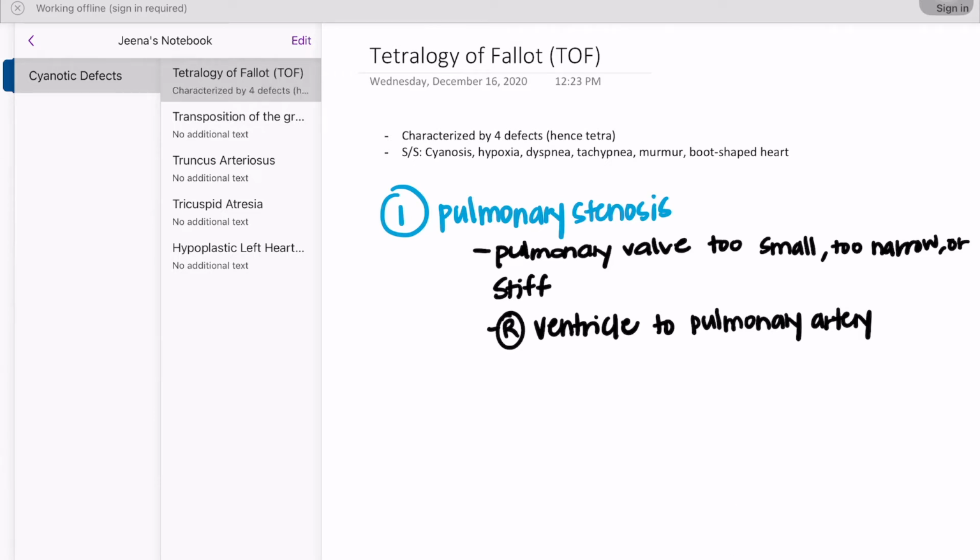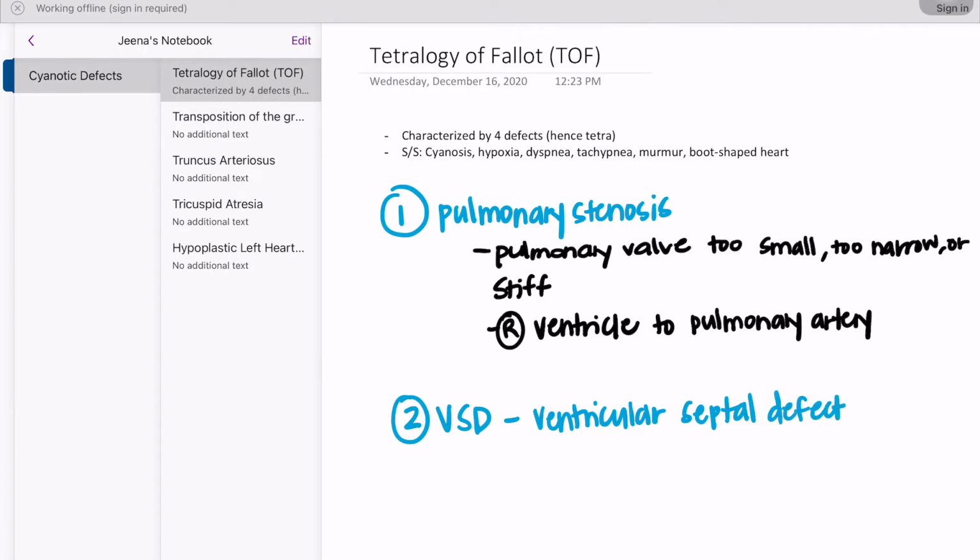Okay. The next defect in Tetralogy of Fallot is what's called a VSD, which is known as ventricular septal defect. So pretty much this is just a hole in the heart. It's pretty common in newborns.